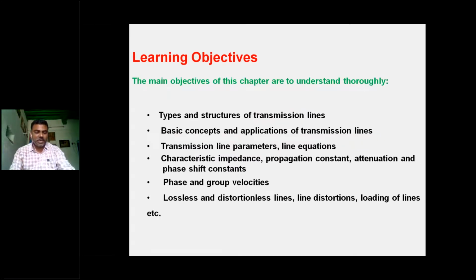Within these transmission lines part 1, we need to know what the different types of transmission lines are, how they are structured, what the basic concepts and applications are, and what the basic transmission line parameters are, and the corresponding characteristic impedance, propagation constant, attenuation and phase shift constant expressions, phase velocity and group velocity concepts, and finally what the conditions of lossless and distortionless transmission line are, and what the different types of distortions are, and what is meant by loading, and what the different types of loading are. All these are discussed in transmission lines part 1.